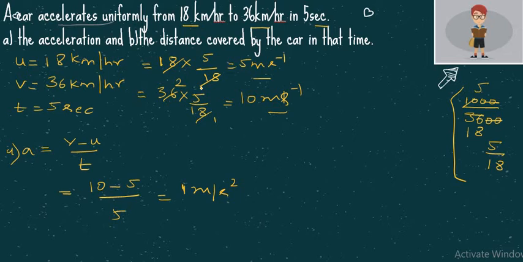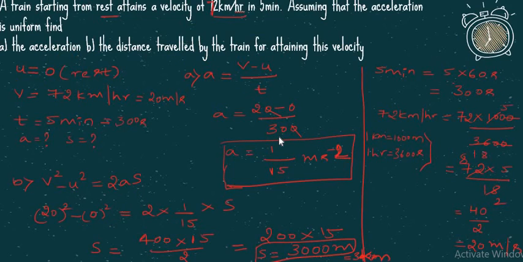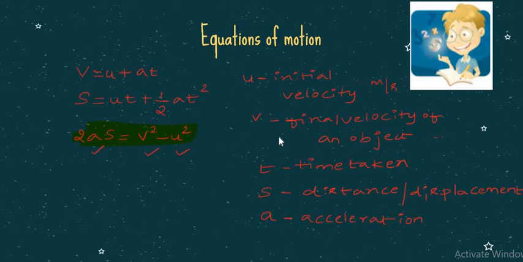And what else have they asked us to find? We need to find the distance covered. So what equation of motion can you take here in order to find it?